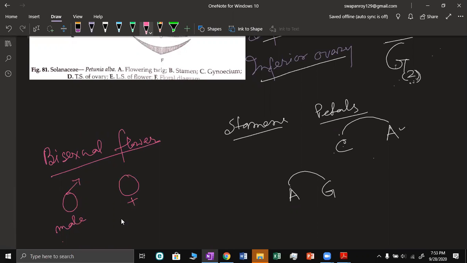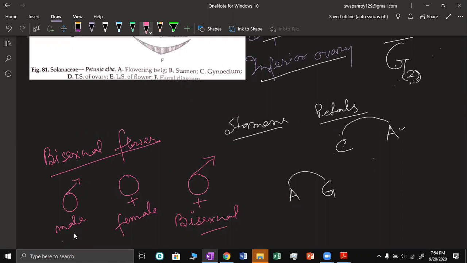So this is female, and bisexual means both the sex organs are present, male, female, both. So what we do, O, and we draw here the sign for the male and below a plus sign. This one is indicating bisexual.